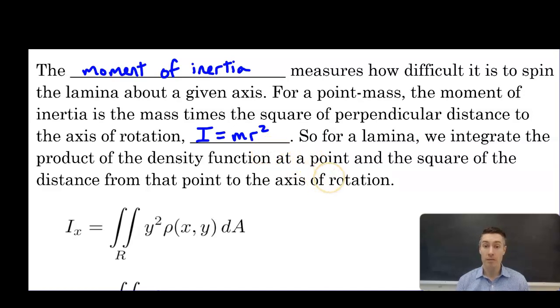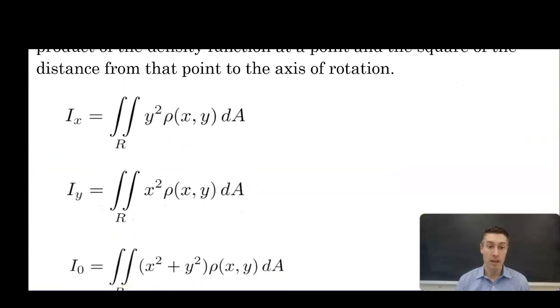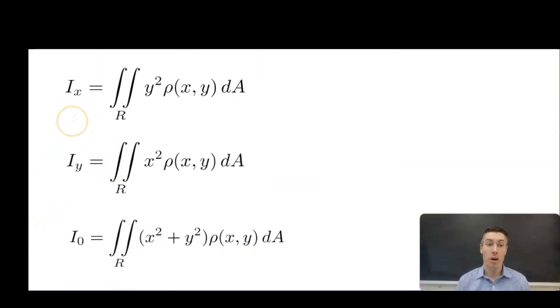So for a lamina, extending it now to our work with double integrals, we integrate the product of the density function at a point and the square of the distance from that point to the axis of rotation. So essentially we're going around to each point in the region, taking the density function at that point, and then squaring the distance from the axis of rotation. So if we look at the double integrals set up below, the moment of inertia about the x-axis is the double integral over the region R of y squared times the density function.